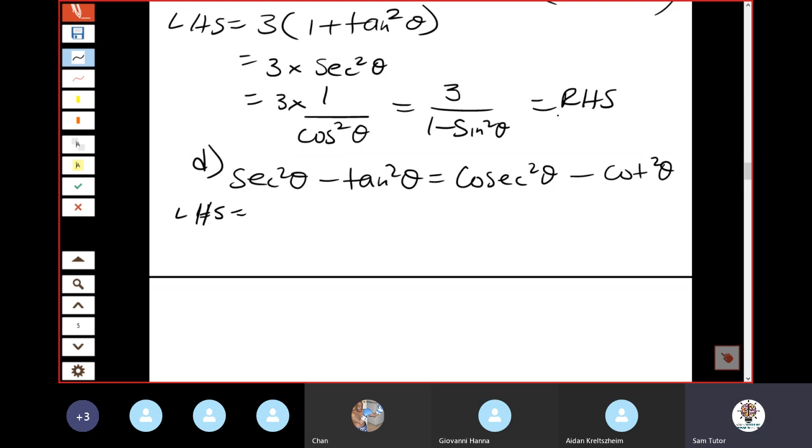I'm trying to do a really quick way of doing this now for you guys. Yeah, that's what I would have done. Okay, look, like I was saying, would you replace this for 1 on cos and then this one for sine on cos? You could.